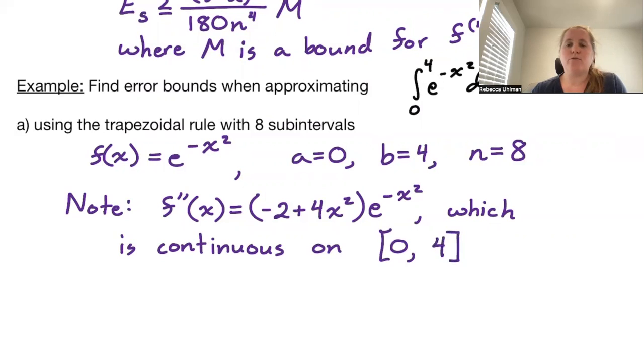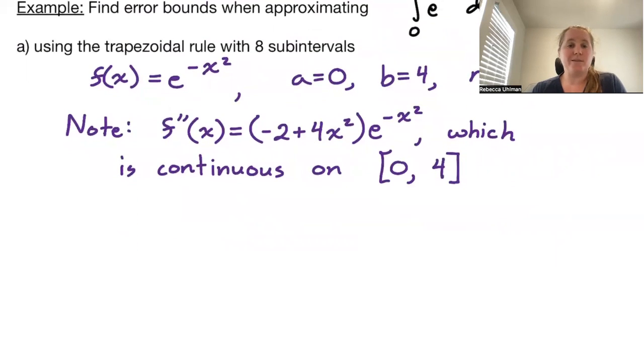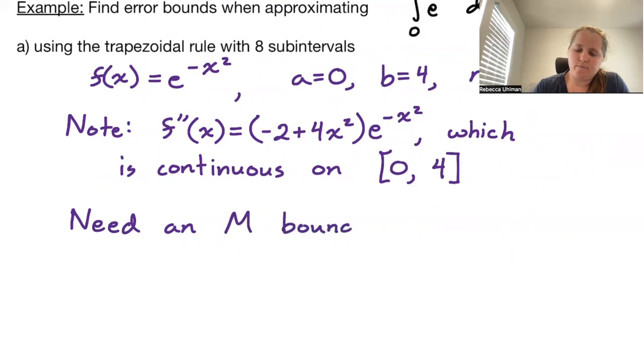So our error bound formula applies. Essentially what we need at this point is an M bounding that second derivative on [0, 4].